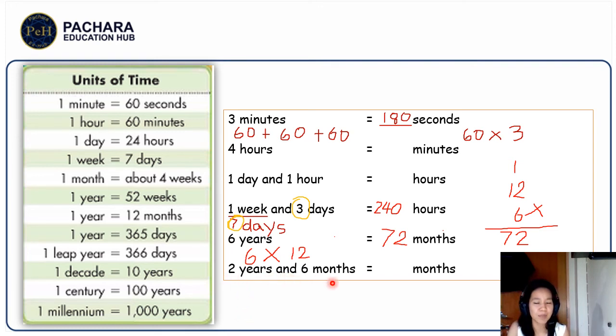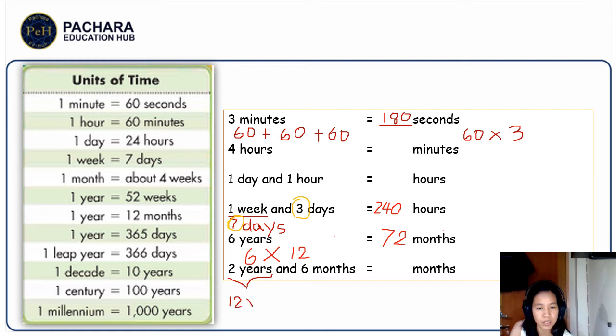2 years and 6 months is equal to how many months? Remember, 1 year is equal to 12 months. So what we need to do is convert years into months first, because there is an excess of 6 months. So 2 years is 12 months times 2, 12 plus 12, it's 24.